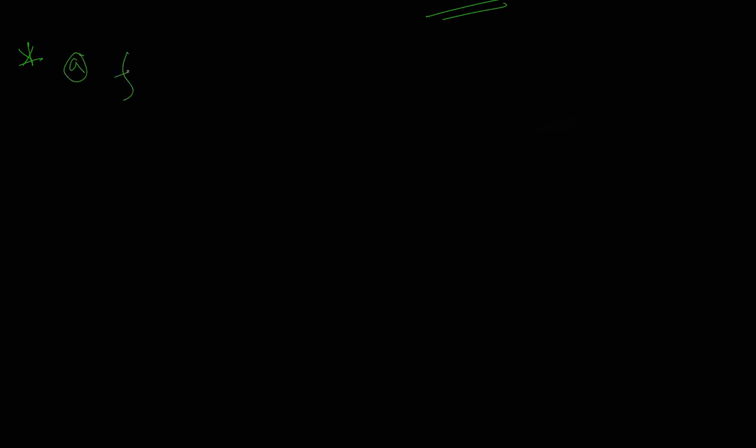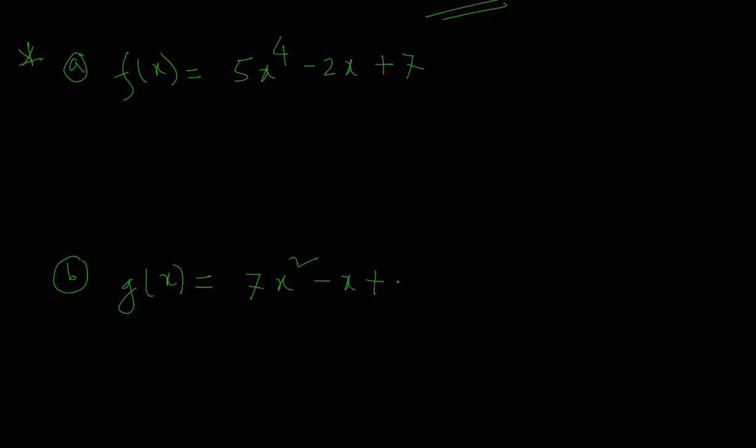Function A is f(x) equals 5x^4 minus 2x plus 7, and I have another function B, g(x) equals 7x^2 minus x plus 1, and there is a limit on this function that x is less than or equal to 5 and x is greater than or equal to 1. Okay, so these are my two given functions.